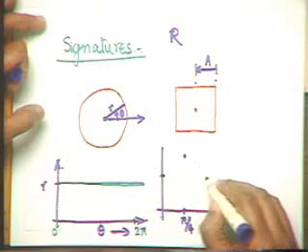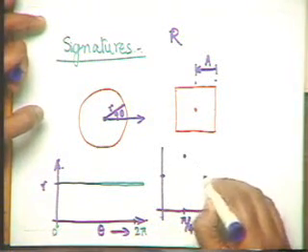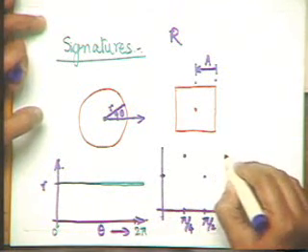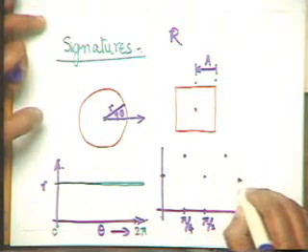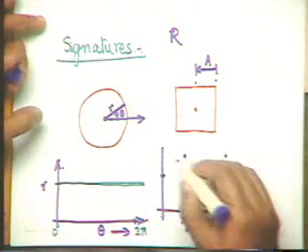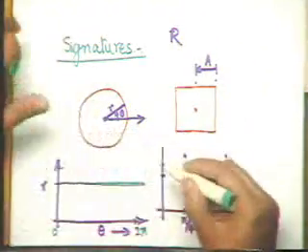Again when we are going over to pi by 2, we will be having a distance equal to a again, again root 2a after a further pi by 4 travel like this, and the nature of the curve will be something of this nature.